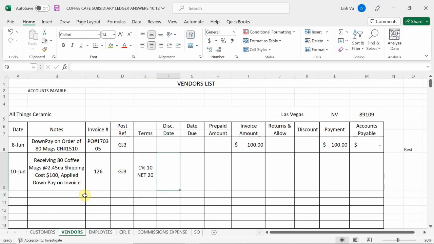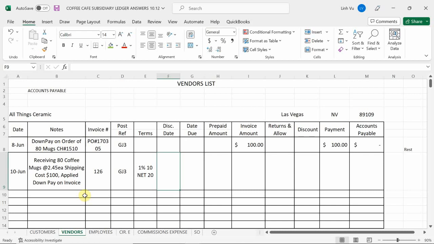Okay, so now we finally have a discount opportunity. The same steps go for calculating your dates. The separate column just lets you know when things are due.